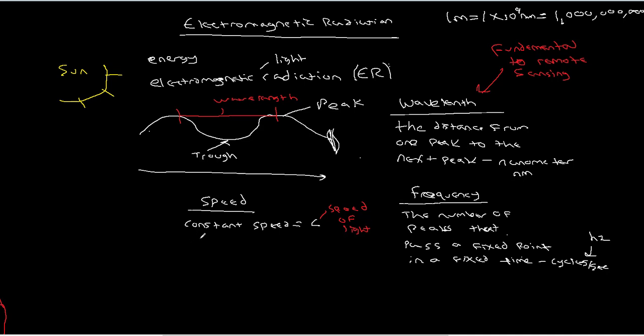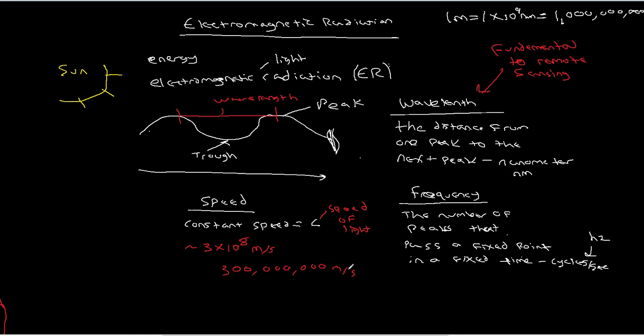And just in case you're curious, the speed of light is approximately equal to 3 times 10 to the 8 meters per second. Expanding out that scientific notation, that's 3 followed by 8 zeros meters per second. So that's 300 million meters per second.